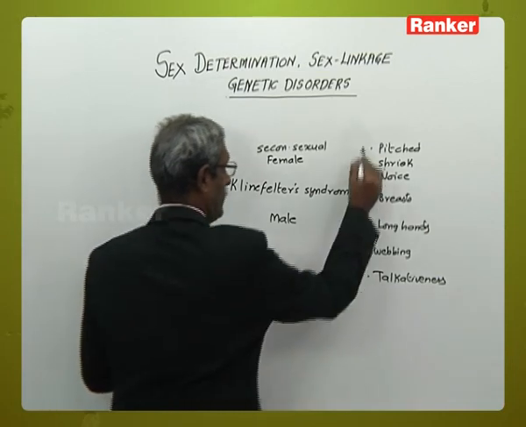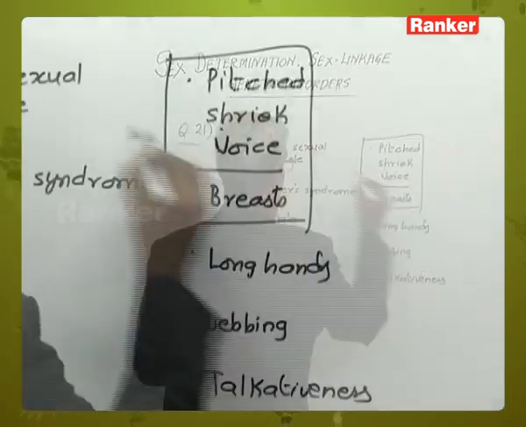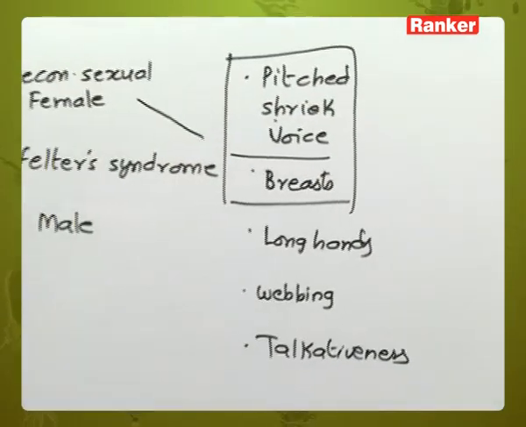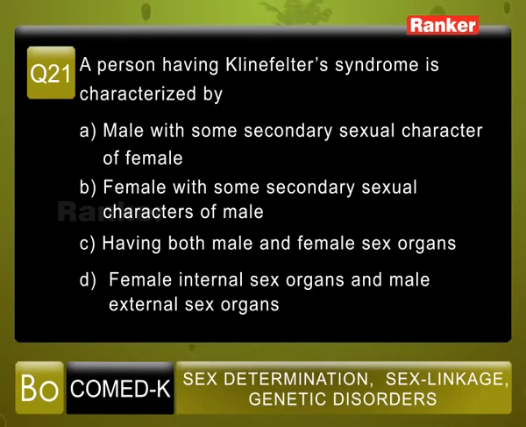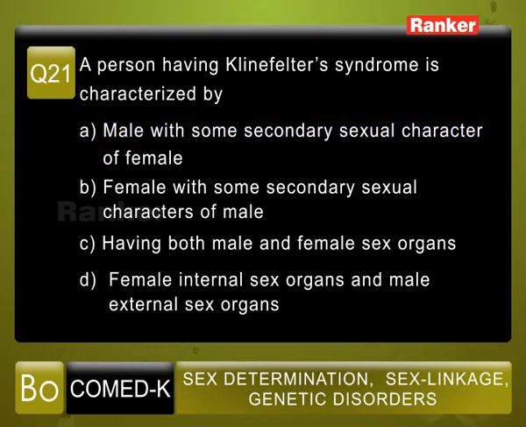So, among these, these are the nearest secondary sexual characters. Hence, the choice for 21, the answer is A.